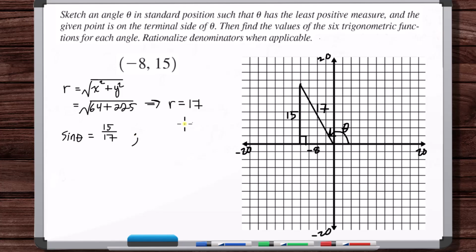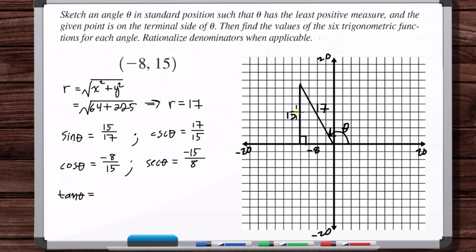The reciprocal of sine is cosecant, so just flip this. All right, cosine theta, adjacent over hypotenuse, it's a negative 8 though. The reciprocal of cosine is secant.